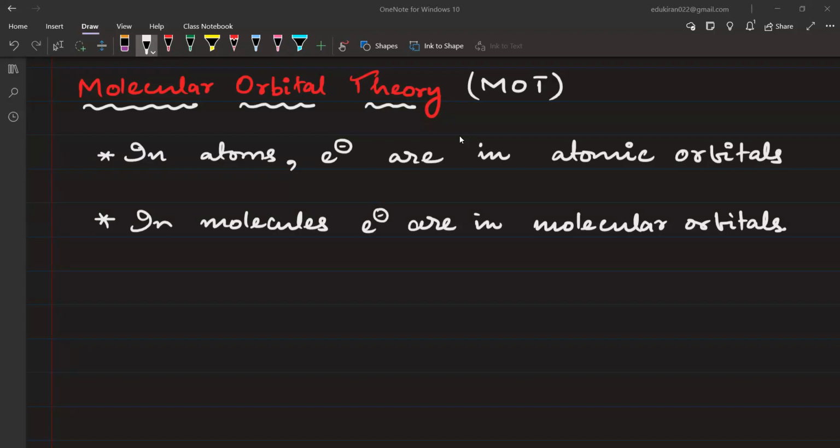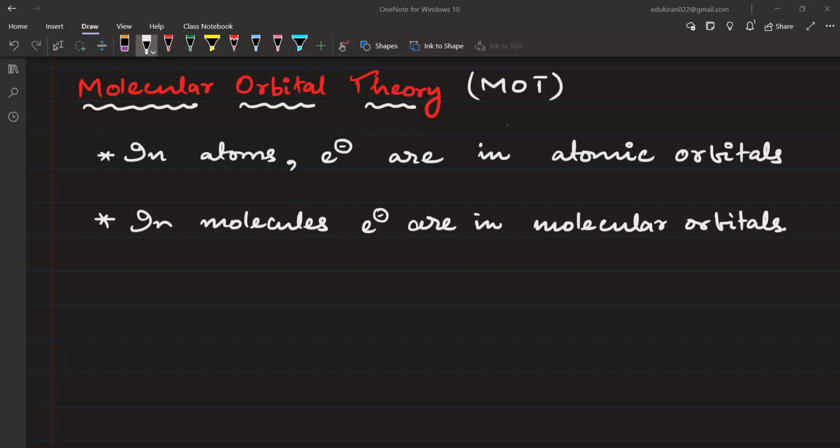So molecular orbitals will be made by atomic orbitals. This is very easy.